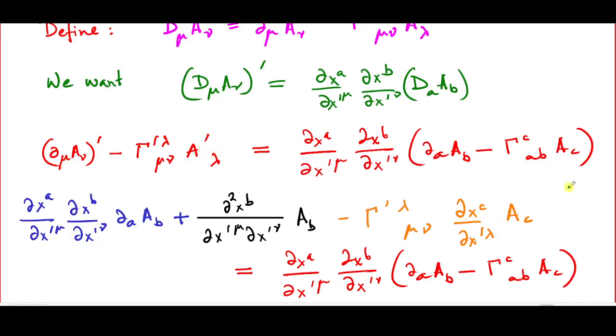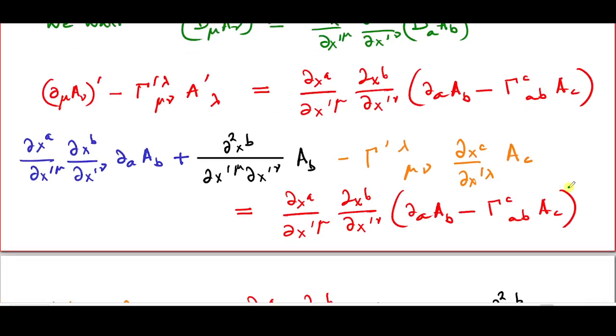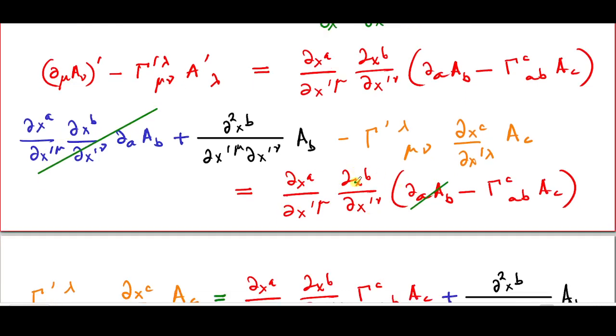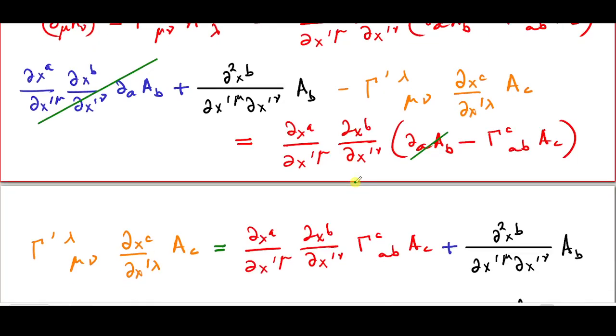So we plug everything in. One good thing is we can get rid of this term and this term here, of course, after multiplication by this. So what you can figure out is gamma prime lambda mu nu del x c del x prime lambda A c. This term is going to be this plus this times this, which I have brought to the other side.